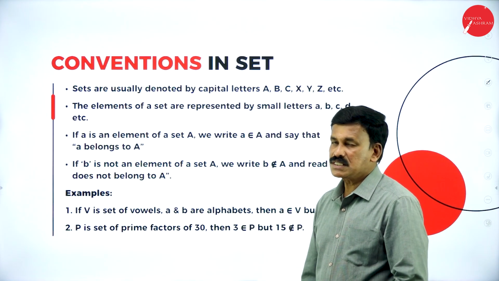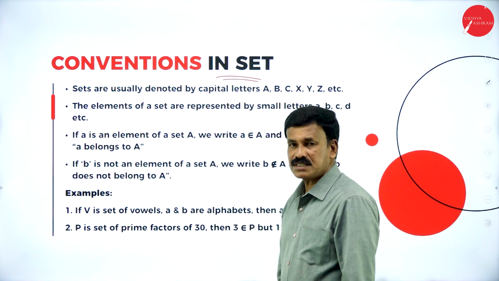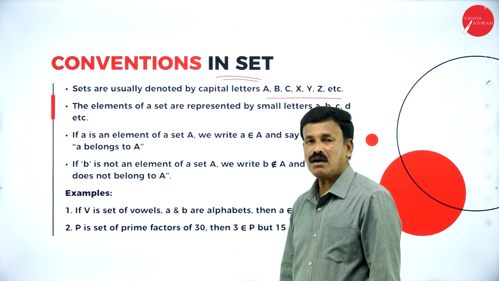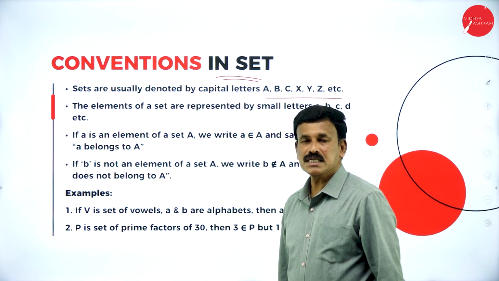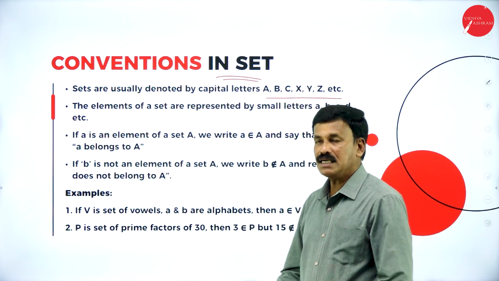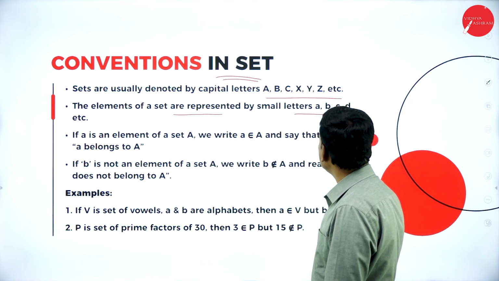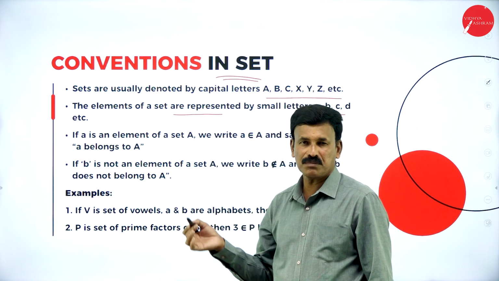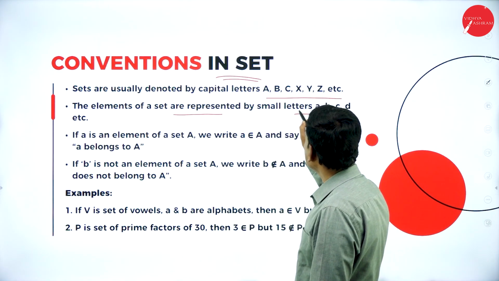Now, some conventions in sets. What are the conventions in set theory? Sets are usually denoted by capital letters like capital A, B, C, or X, Y and Z, etc. And the elements of the set are represented by small letters like small a, b, c, d, etc. So the set is represented by capital letters, whereas the elements of the set are represented by small letters.